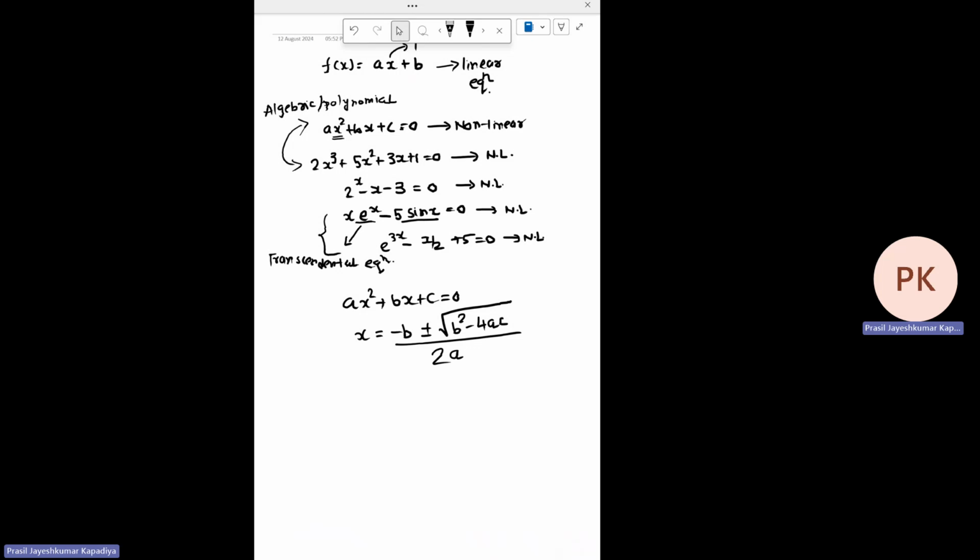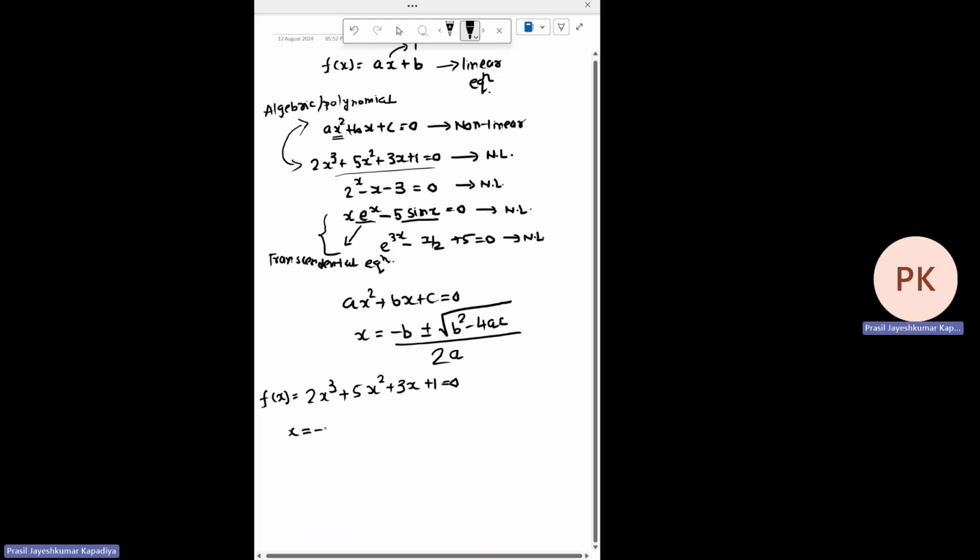Let's say I'm taking this equation, just one random example: 2x cube plus 5x square plus 3x plus 1 is equal to 0. I am calling it f of x. Let's say I am taking x is equal to minus 1. My f of x will be 2 into minus 1 plus 5 times minus 1 square, which is 1, plus 3 into minus 1 plus 1.